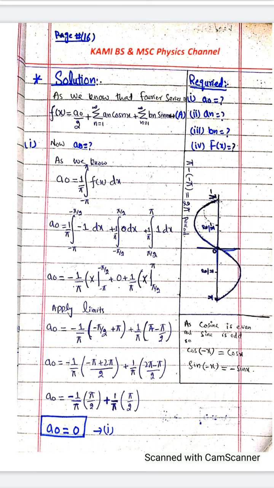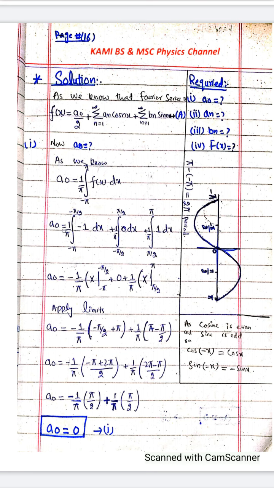You will see this from minus pi, minus pi by 2, 0, pi by 2 and pi. This is minus pi and this is pi, so pi minus minus pi is equal to 2 pi. The period is 2 pi also.